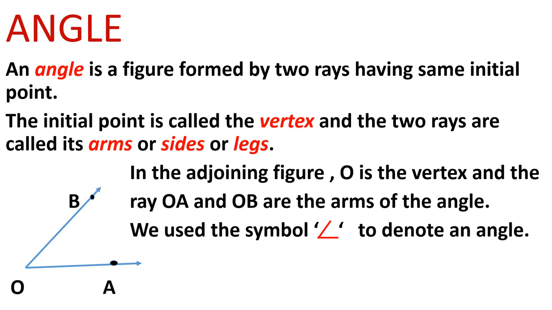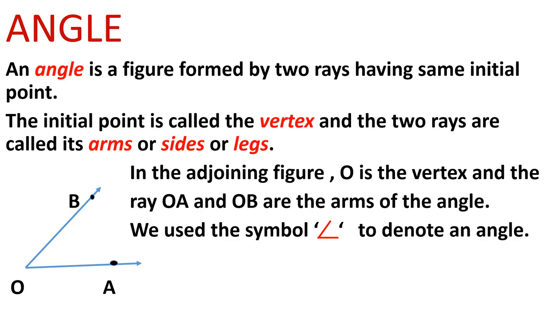The initial point is called the vertex, and the two rays are called its arms, sides or legs. Now see the figure. This is the angle BOA.